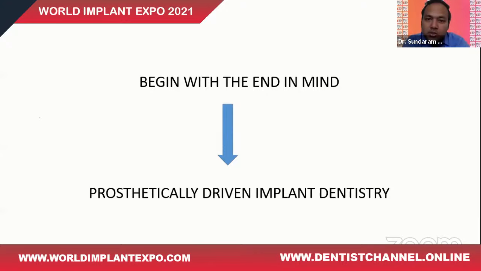The patient is going to see only the crown and not the implants. Even society sees only the crown, not the implants. So how wonderfully you place the implants is also important, but more significant is the superstructure that you're going to add.